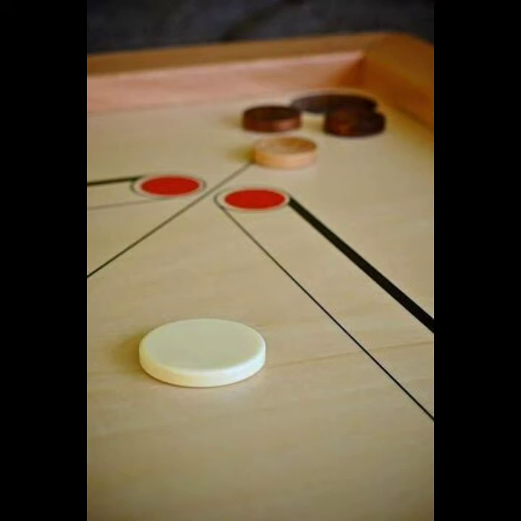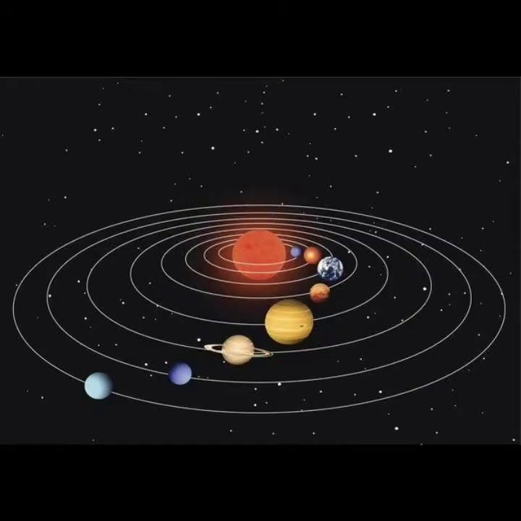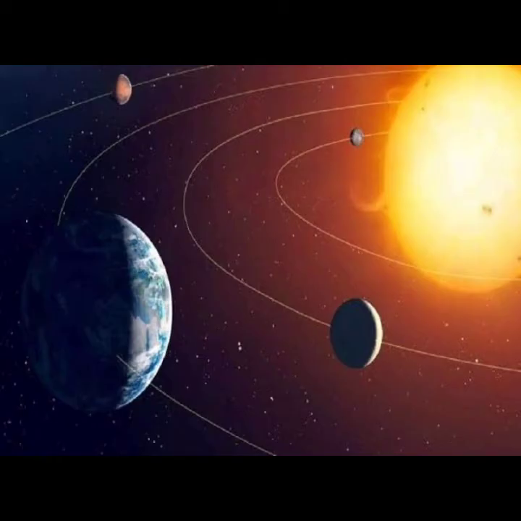Next one is circular motion. Circular means a round path. So when an object moves along a circular path, it is called circular motion. For example, the movement of the earth around the sun. The earth follows a circular path when it moves around the sun, so it is a circular motion.